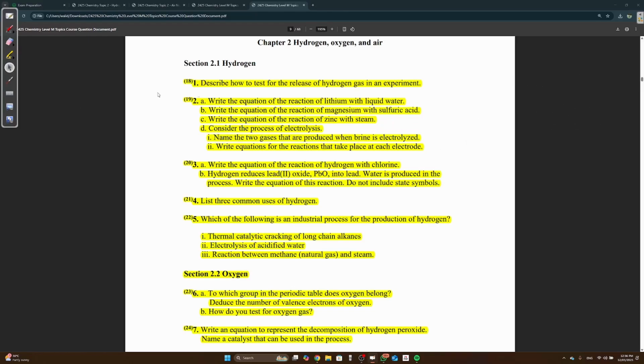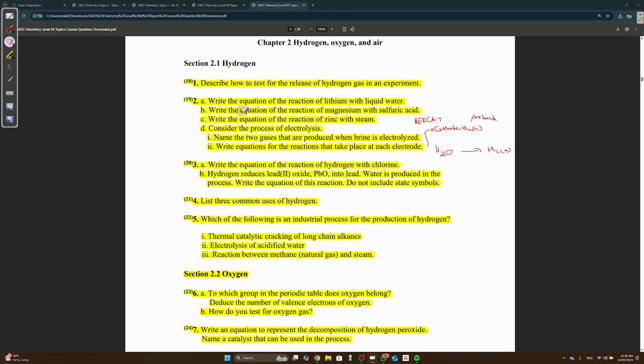Okay, write the equations for the reaction that takes place at each electrode. At the cathode, we have hydrogen gas being produced, right? Remember red cat: there's going to be reduction at the cathode, and reduction is gain of electrons. So you have H2O, it's going to gain electrons and you get hydrogen gas.